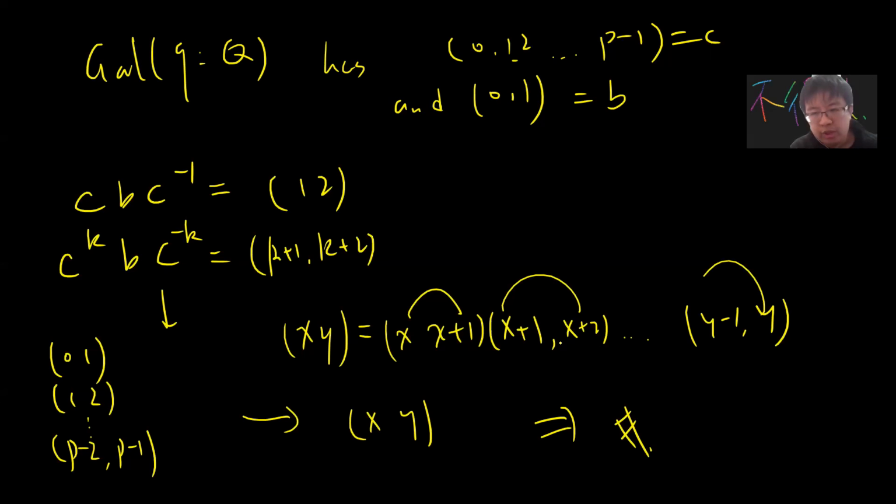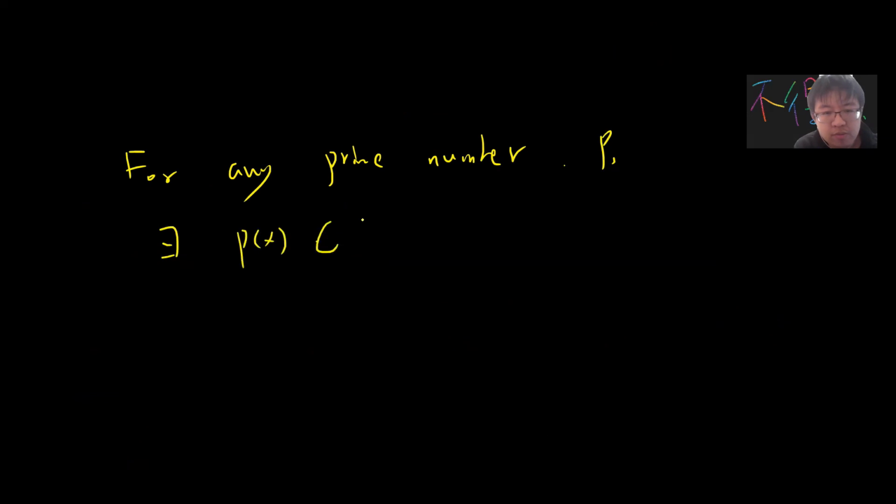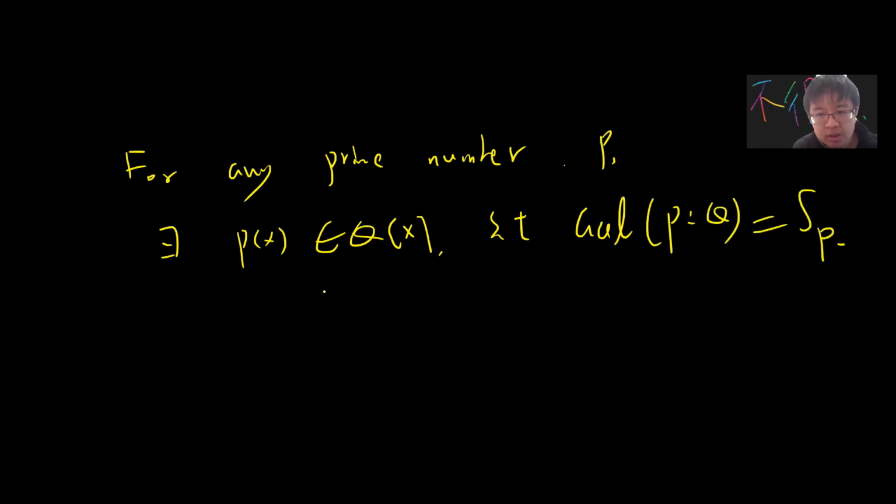We prove that for any prime number p, there is a polynomial P(x) over Q such that the Galois group of P is indeed S_p. Basically, it's not solvable for p greater or equal to 5. Okay, see you guys in the next videos.